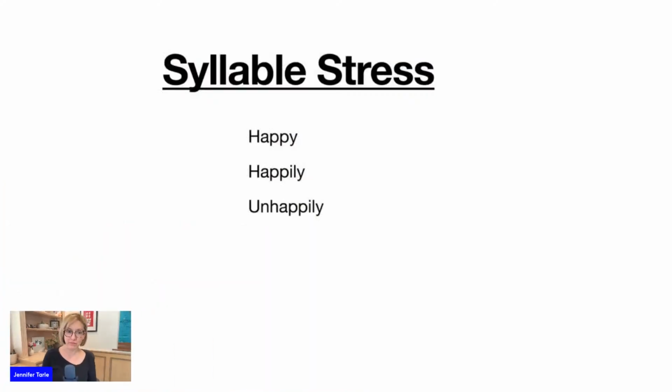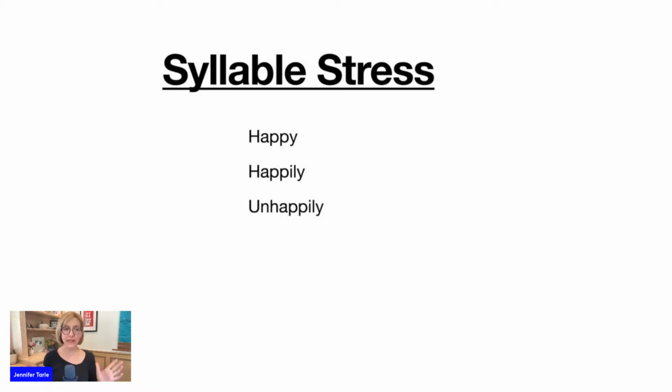All right, so I am going to show you my slides just so you know what I am talking about here. I use this example all the time, so if you watch my other classes, you can kind of fast forward a little bit.